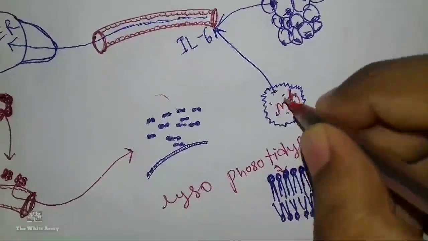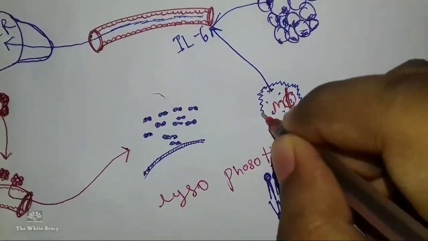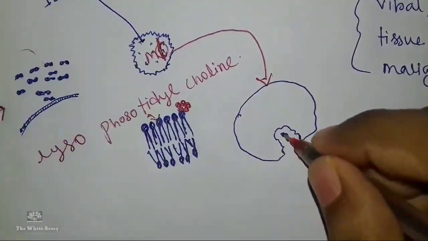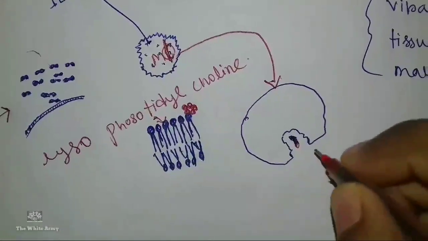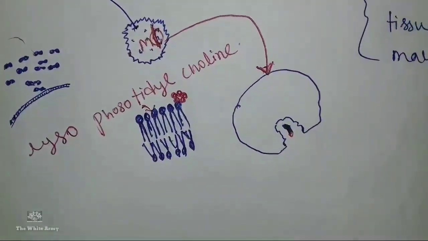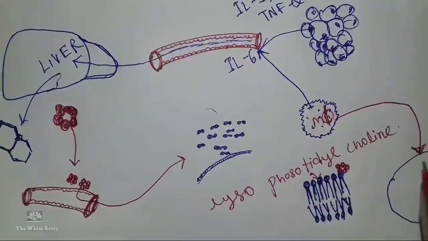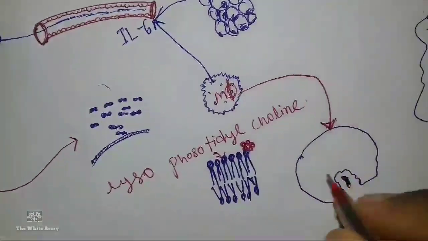This complement system attracts the macrophages, and they go and engulf the bacteria, that is, phagocytose them, and kill them. So this is how the C-reactive protein acts in the process of infection and immunity.